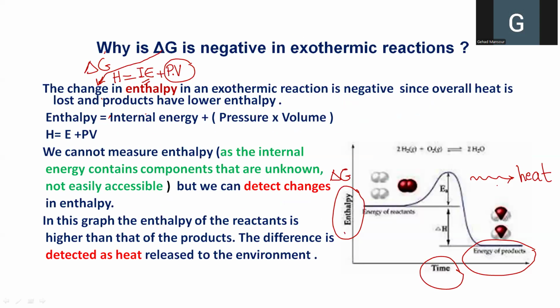Now this heat will be lost, and therefore the products will have lower enthalpy than the reactants. Again, here you can see that enthalpy equals the internal energy plus the pressure multiplied by the volume.